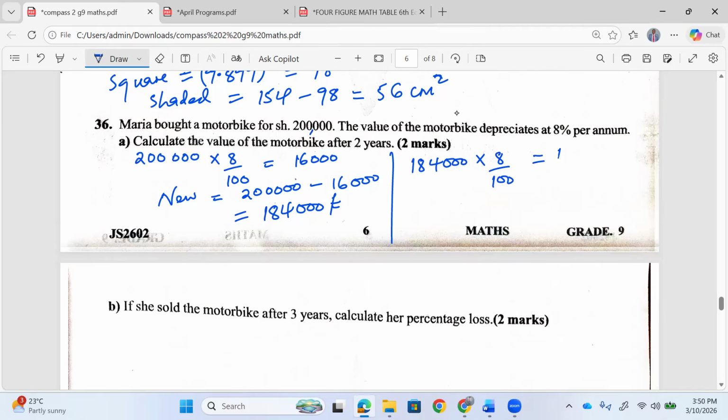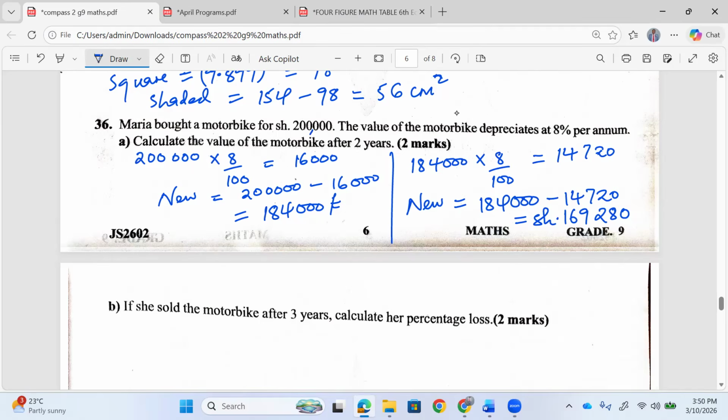That gives us 14,720. Meaning that the new value at the end of 2 years shall be 184,000 minus 14,720, and we get 169,280 Kenya shillings. So that is going to be the value of the motorbike after 2 years.